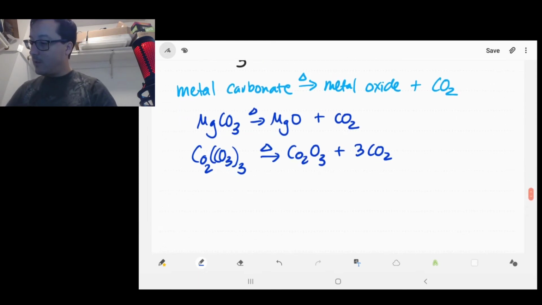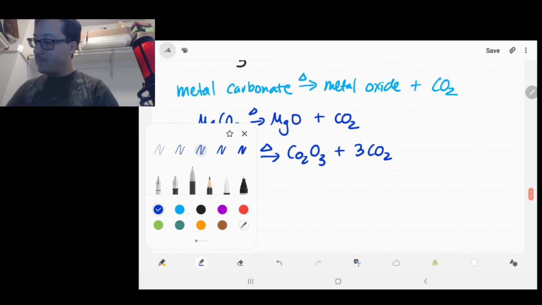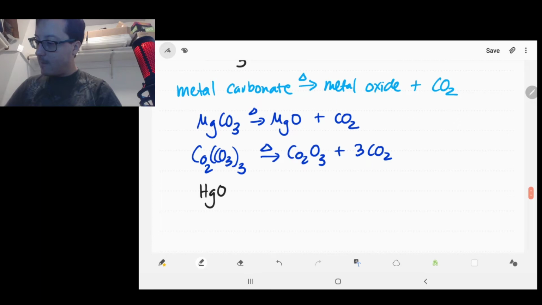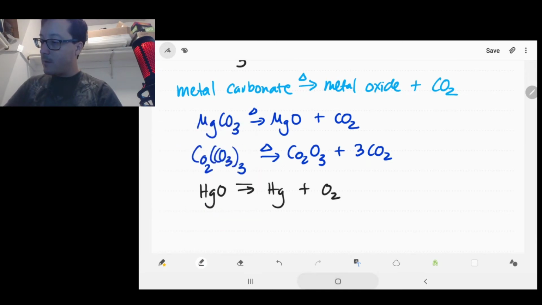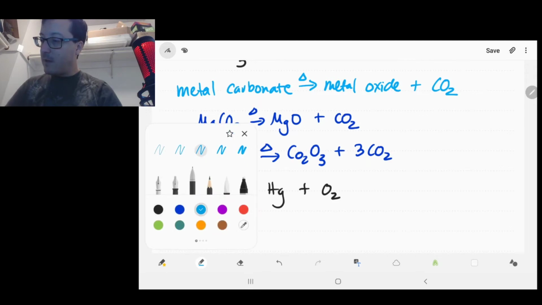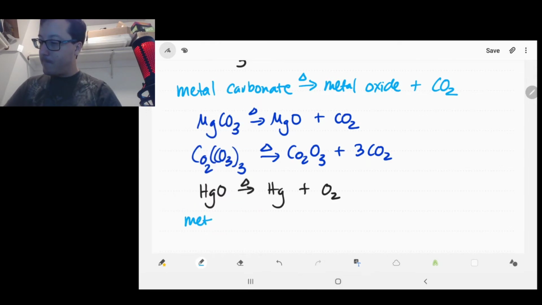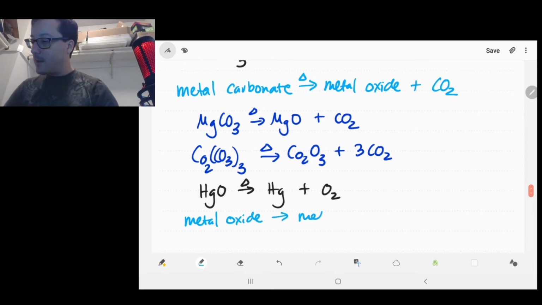Another one that we'll want to learn is this one. You can decompose oxides as well if you heat them up. If you take a metal oxide, that will turn into your metal plus oxygen gas, O2.